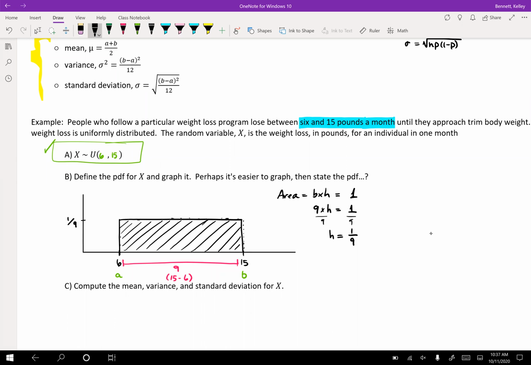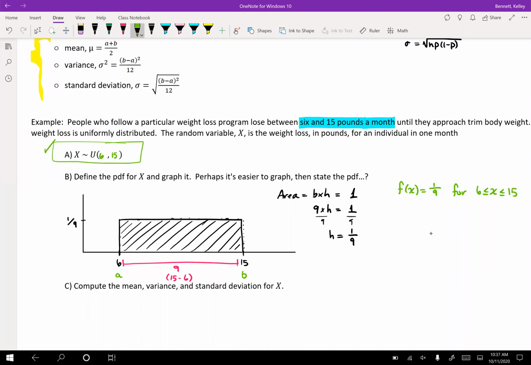So if I wanted to state the PDF for this, I would say that f of x equals 1 over 9, just a constant horizontal line, for x between 6 and 15. I can write that as an inequality.